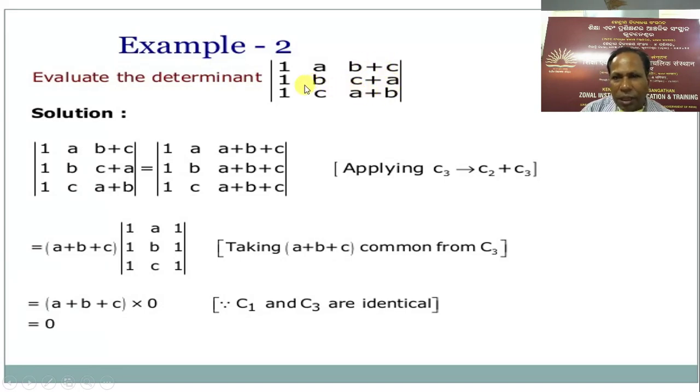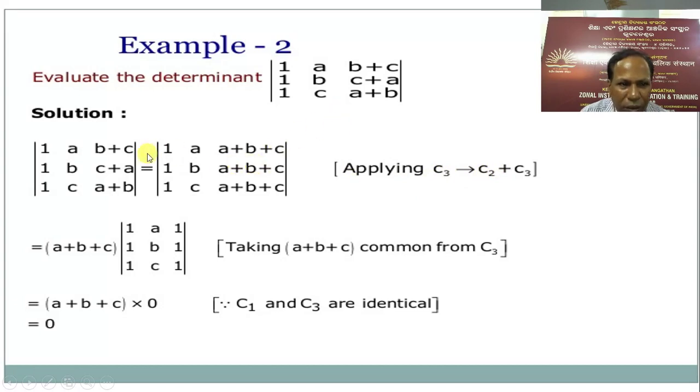So first of all, let us understand the principle of evaluating the determinant by using properties. The very first thing we have to remember is that we search for the common factor in a row or in a column. If we have the common factor, then that can be taken out. If we don't have the common factor, then we have to try to bring the common factor by applying the property. So here we have applied the property: column 3 is replaced by column 3 plus column 2.